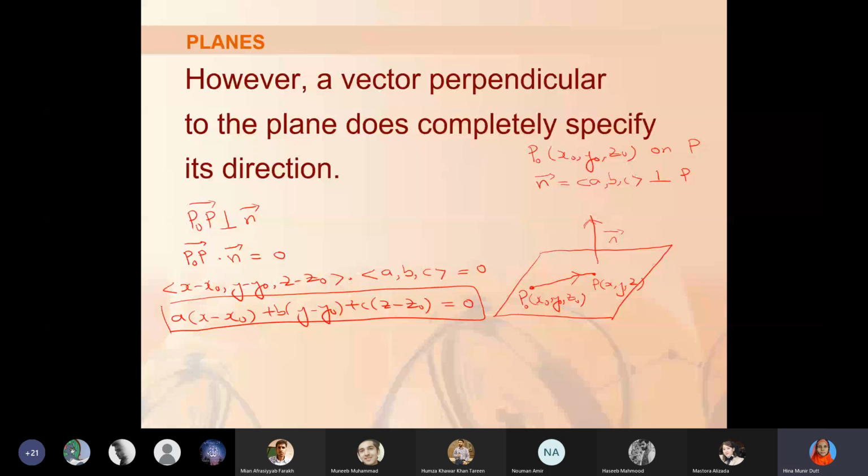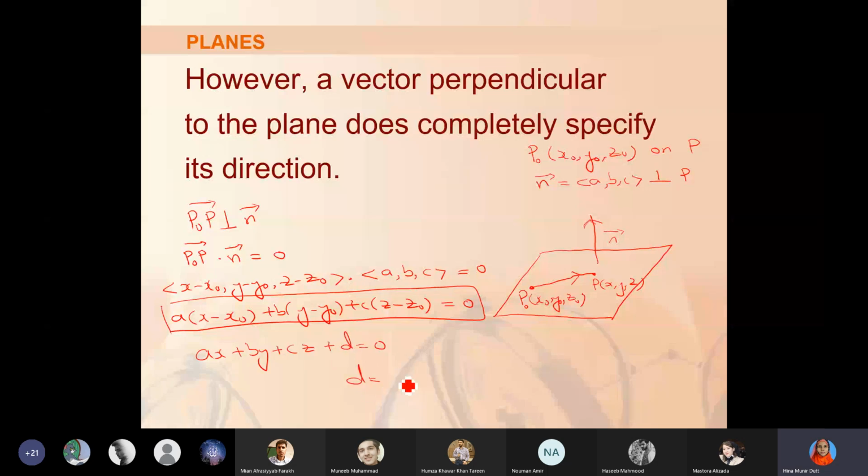Okay, so to determine the equation of any plane, we will be given a point which lies on the plane and a normal vector to the plane. So I can simplify this equation as ax plus by plus cz plus d is equal to 0. What is my d?